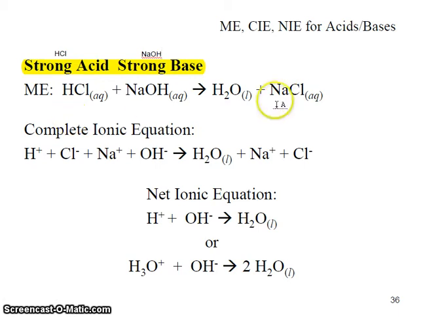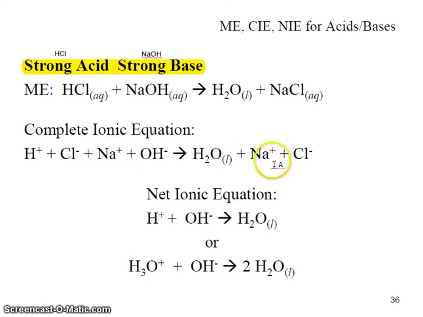Now, this is a balanced equation and is also your molecular equation, and you can of course convert it into a complete ionic equation by simply converting everything that has aq by it. You can just simply break that into the corresponding ions, and so HCl will become H plus and Cl negative, NaOH will become Na plus and OH negative, water will remain as is, and NaCl will be Na plus and Cl negative.